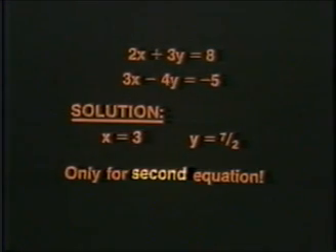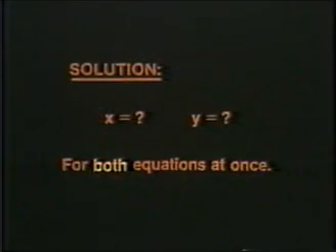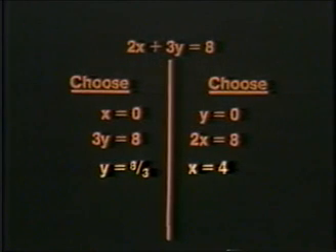Or I can grab an answer that works fine for the second equation, but that one won't work for the first. What we want is one that will work for both at the same time, a set of xy coordinates that will satisfy both equations. Let's start by graphing the first equation.